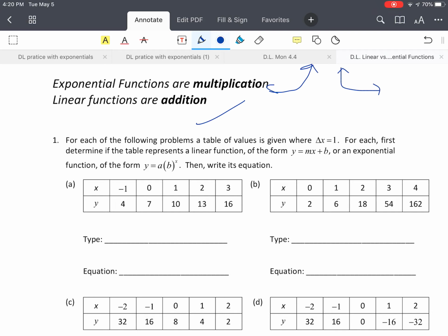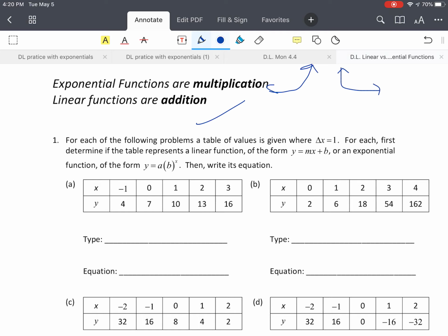If it's a linear function, to get from one y to the next, we're adding the same number every time. We're going to look at some functions and decide if they are exponential or linear. The way we can tell is, are we multiplying or adding to get from one number to the next?